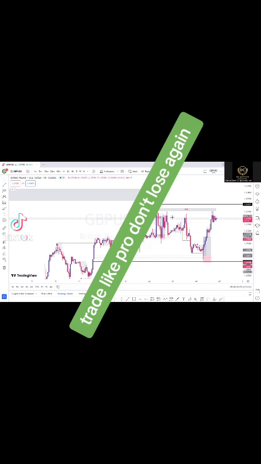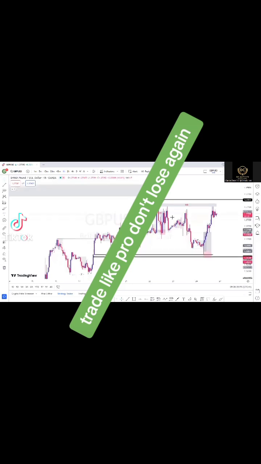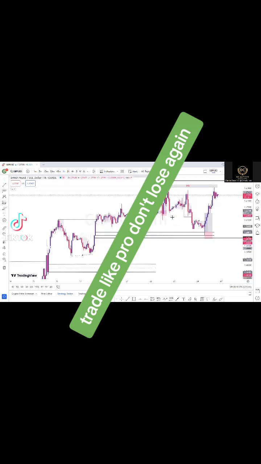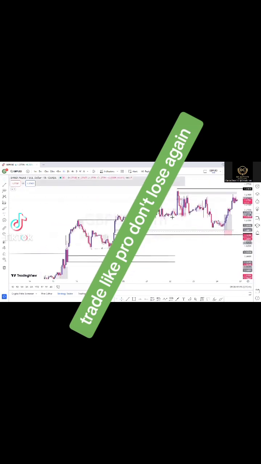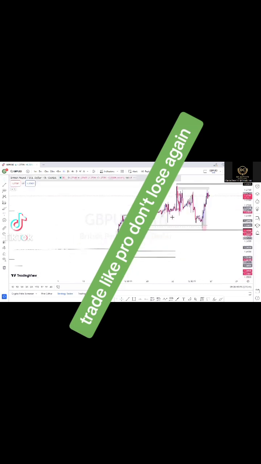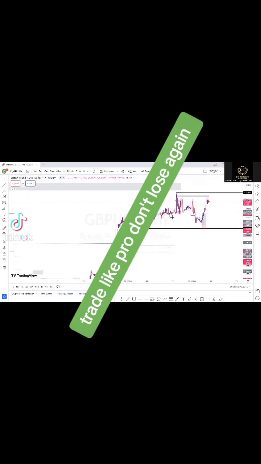So when I came to the market this morning, I noticed that there has been an ongoing uptrend in GU, and there has been some imbalance below that.